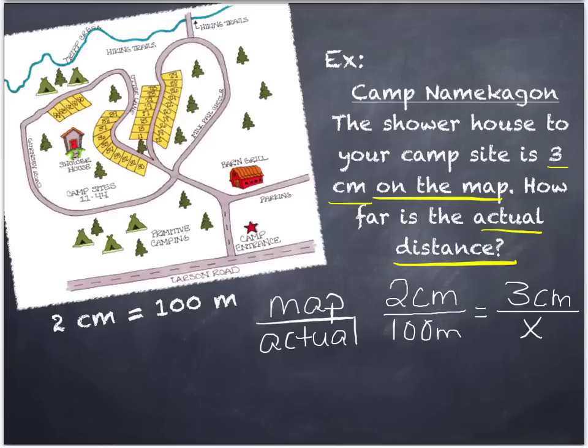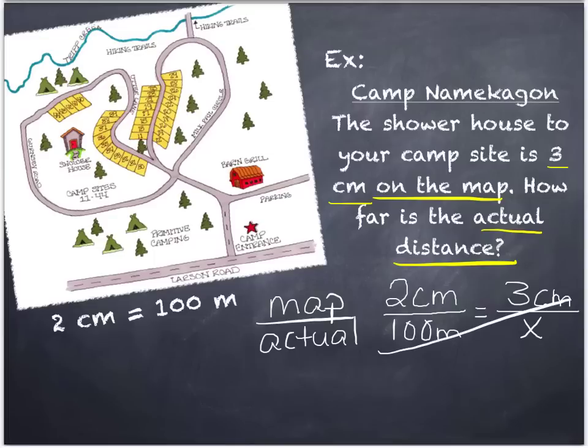To solve a proportion, remember that we do our cross products. We multiply the numbers that are diagonal from each other and divide by whatever number is left over.